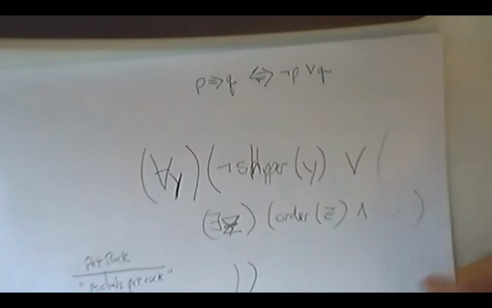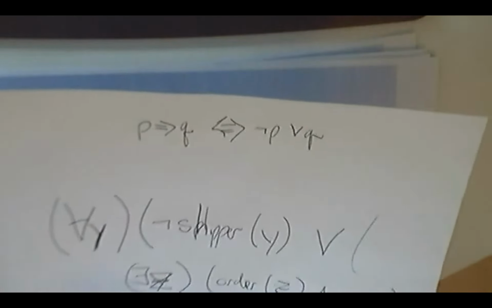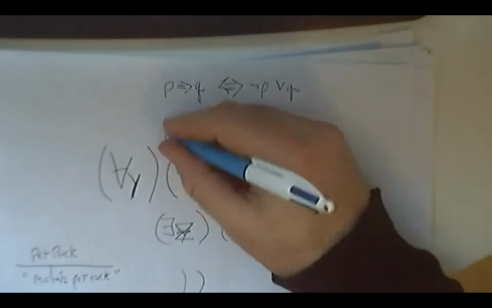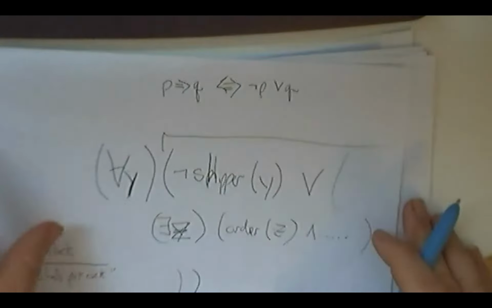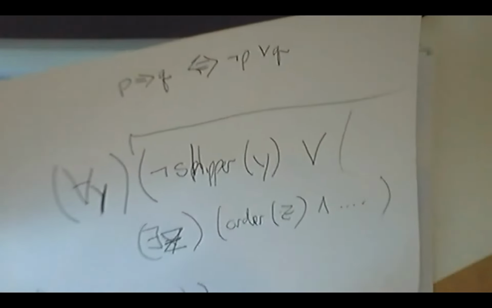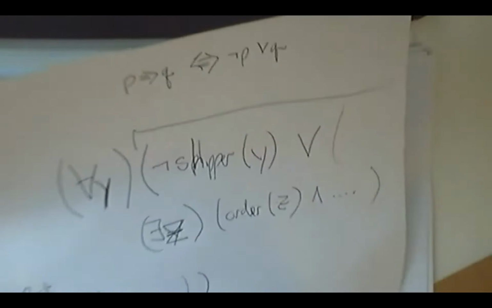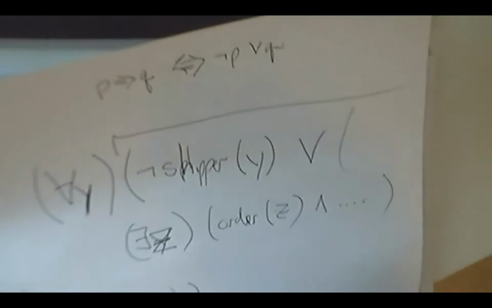So when I say for all y, I'm not just talking about shippers here. I'm talking about everything, including pet rocks. This expression under the for all y has to be true for every object in the universe, including pet rocks, orders, customers, everything.